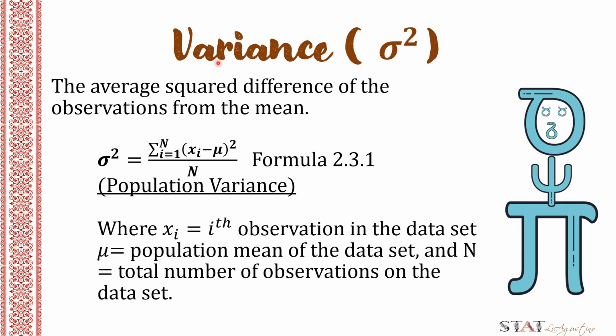Now let's proceed to variance. The variance usually uses sigma squared, the small letter sigma shaped like this, and then squared. It is the average squared difference of the observations from the mean.